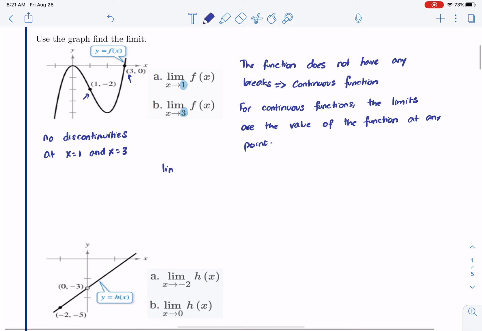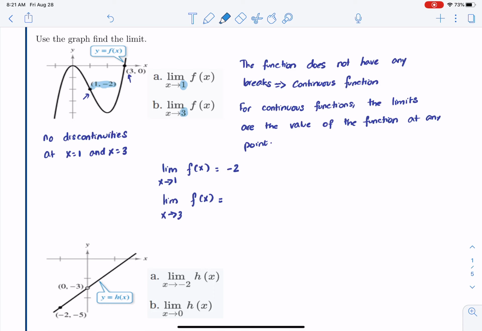So limit x approaches 1, f of x, would equal minus 2, which is the value of the function at x is equal to 1. And likewise, limit x approaches 3, f of x would simply be equal to 0, and that would be the value of the function there. So we get 0.